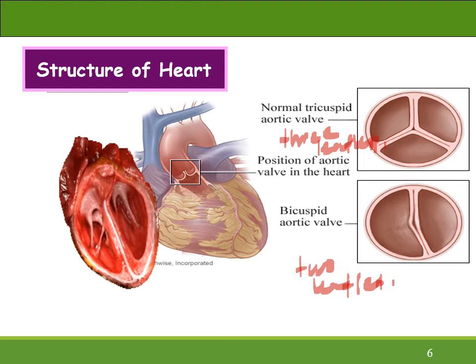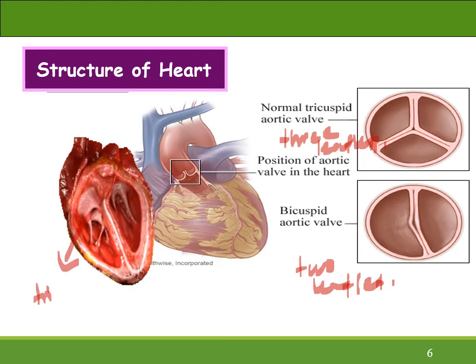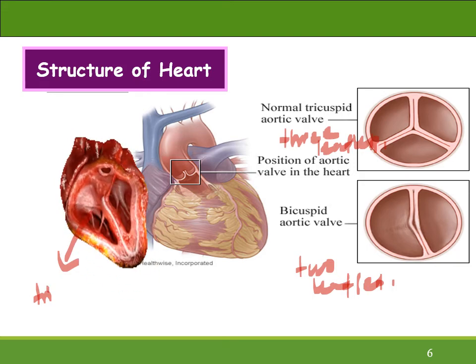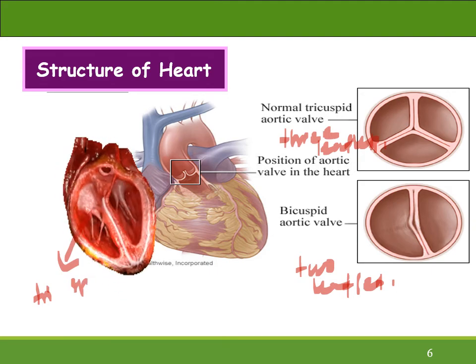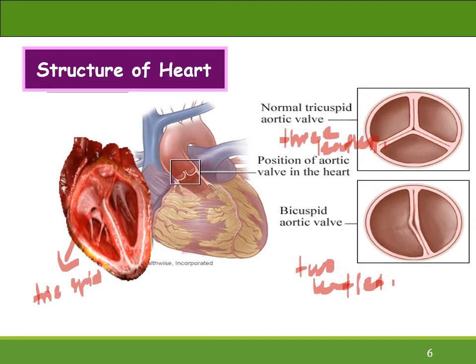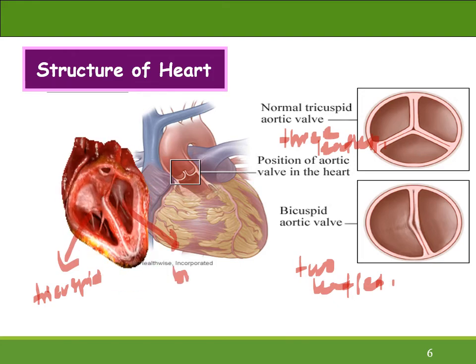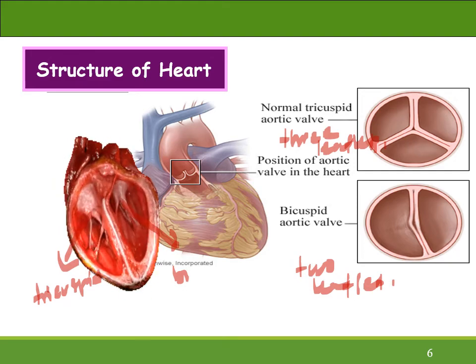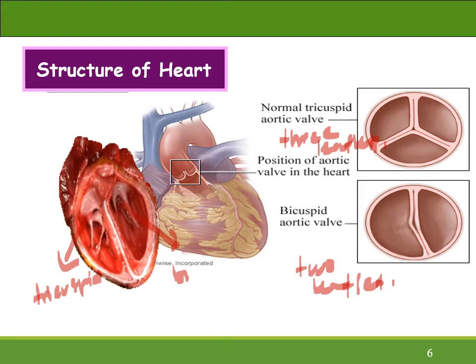The location of the tricuspid is between the right atrium and right ventricle, while the bicuspid is located between the left atrium and left ventricle.